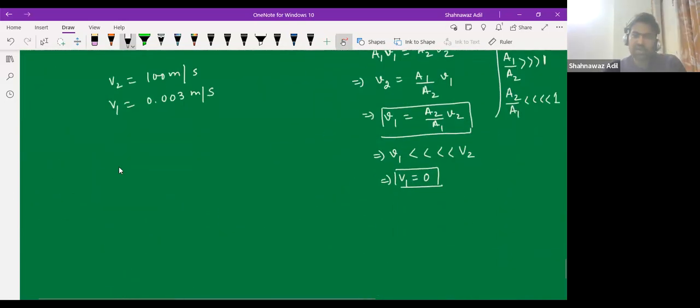So putting this value back, let's say, in equation 1.